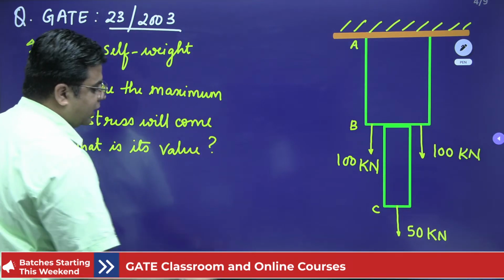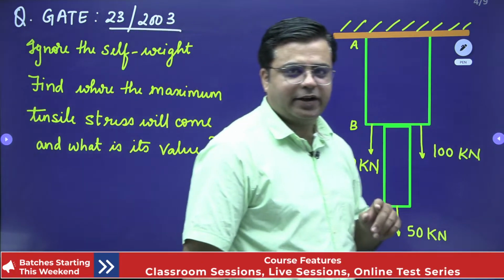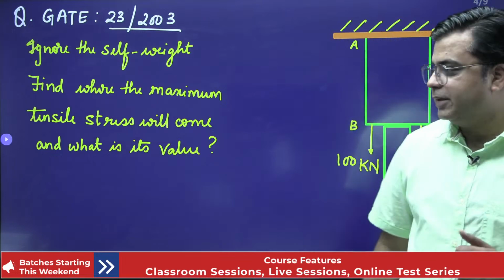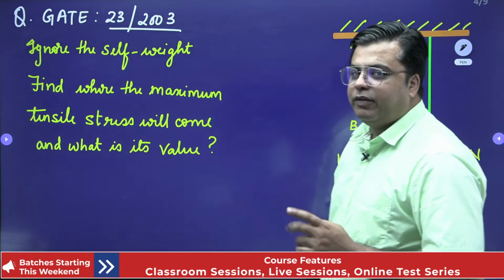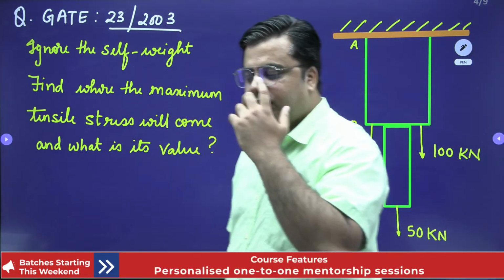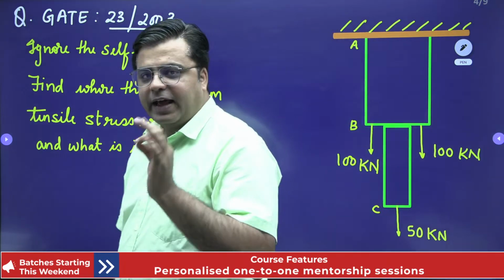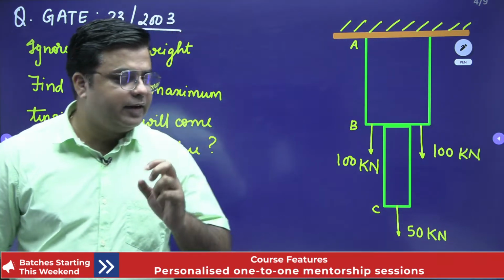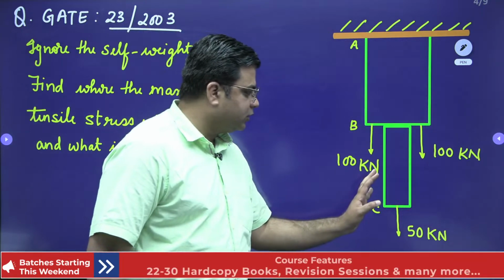This question was asked twice in the GATE examination, and why it seems to be an important question, we are going to discuss. But observe this question first, analyze it, and then understand how to solve it.